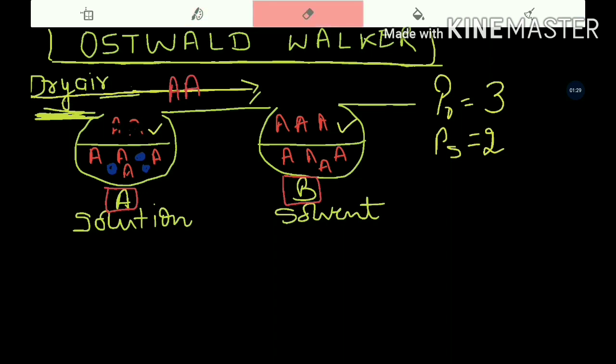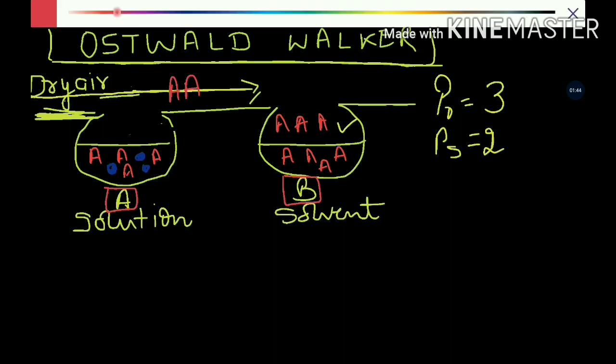So 2 vapors of A will go to the dry air, because the dry air is not saturated with vapors. So A will be lost from the solution bulb. So there will be a loss in weight in bulb A, because its two vapors are gone.